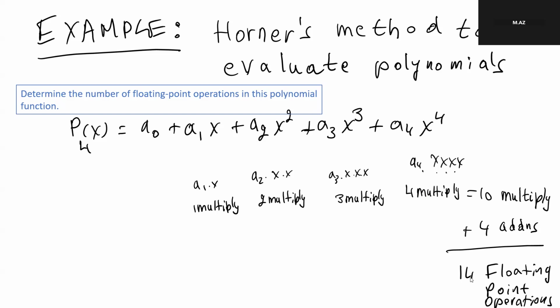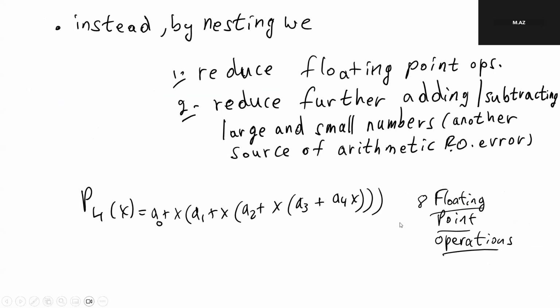For this reason, the total floating point operations for this function is 14. Now by nesting, we can reduce the floating point operations, and the count for that function becomes 8.